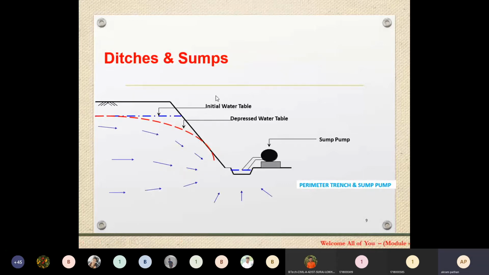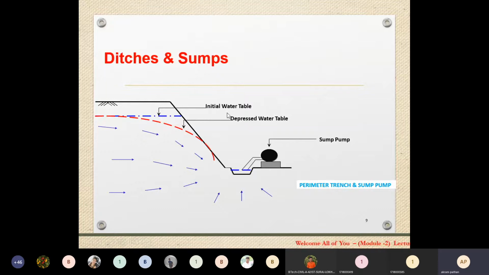In the last lectures, we discussed ditch and sumps. In case of ditch and sump, while excavating the trenches of a multi-storied building, for example, if water is there, we excavate the trenches for the dewatering process, like a trapezoidal ditch.